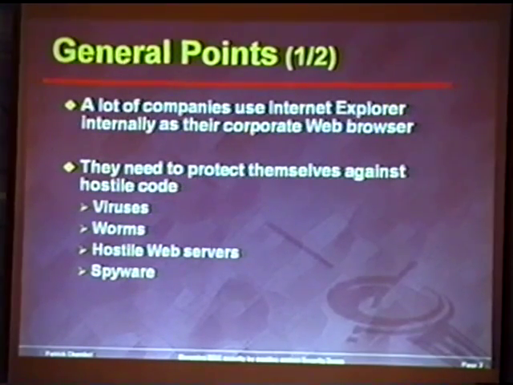So they need to protect their users against some hostile code like viruses, worms, some kind of spyware, and also some hostile web servers. You saw that hostile web servers are not proof of concept anymore. You now have real hostile web servers, so you have to protect against that.